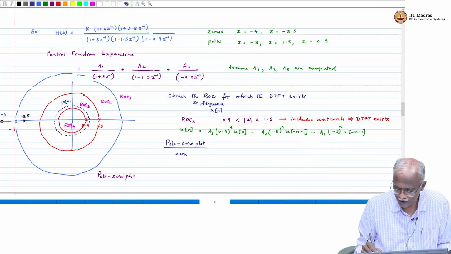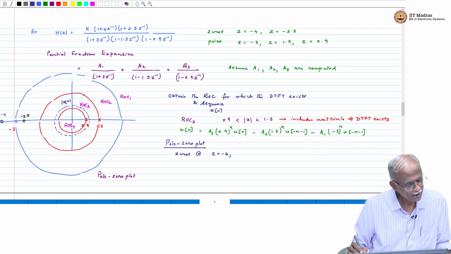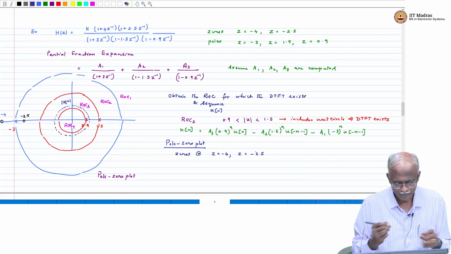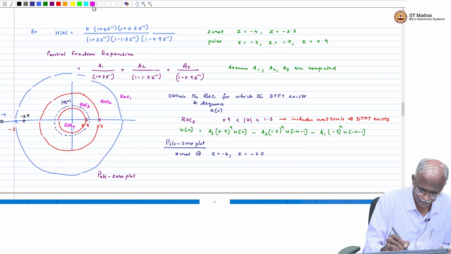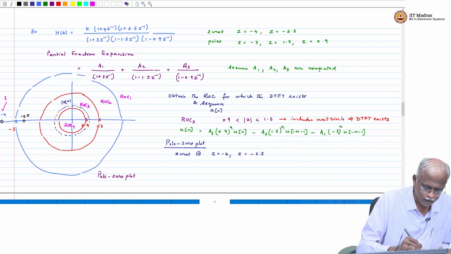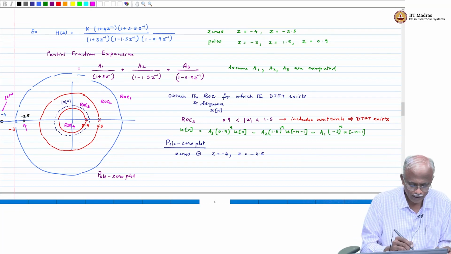We will say that the zeros are at z equal to minus 4 and z equal to minus 2.5. Notice that I have introduced the 2 zeros here. An X is indicative of a pole, a 0 is indicative of a zero.